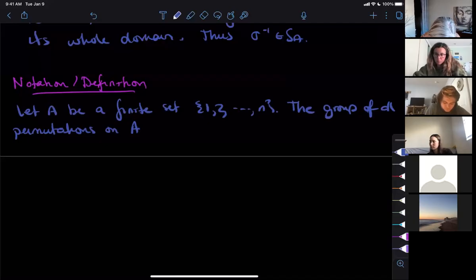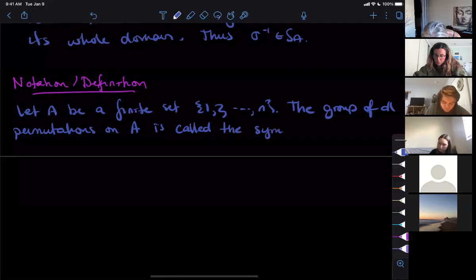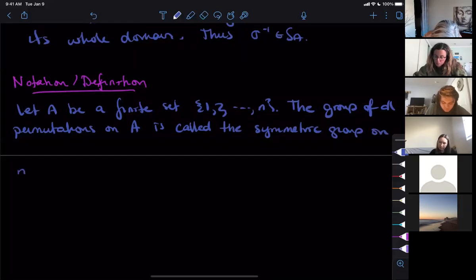It is called the symmetric group on n letters, and is denoted S sub n.